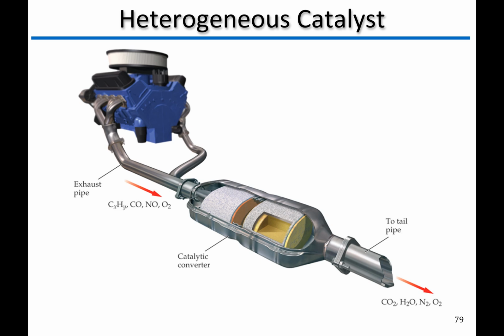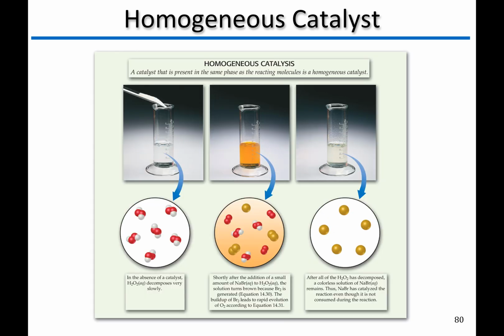So that's a lot better than putting unreacted alkyl species, CO and NO. We don't want to put those into our environment. So this converts it to something a lot nicer. This is an example of a heterogeneous catalyst. So everything that it's reacting with is in the gas phase, but it itself is in the solid phase. So it's heterogeneous.